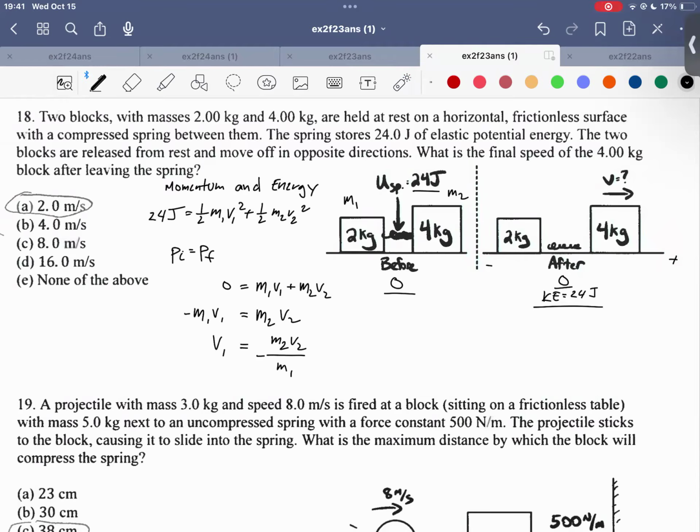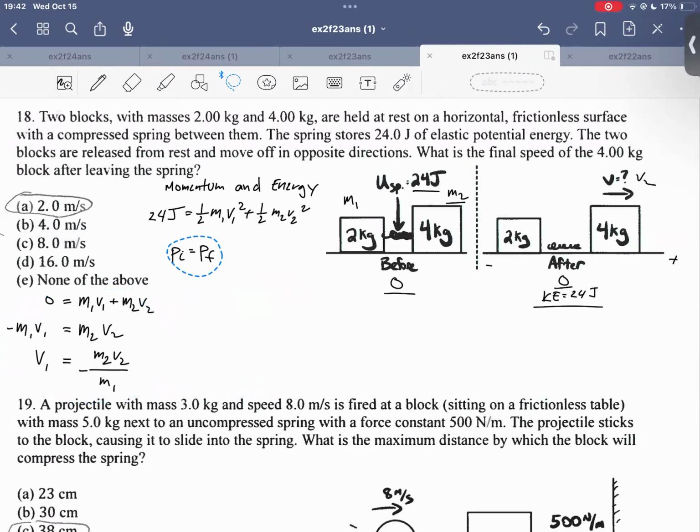right? And so when we substitute this in, we'll just plug it right into here, and that will allow us to solve for velocity 2, because we got rid of velocity 1. And since we're solving for velocity 2, this block over here, that's all we need.